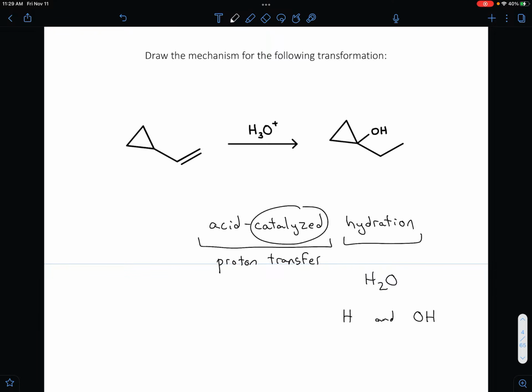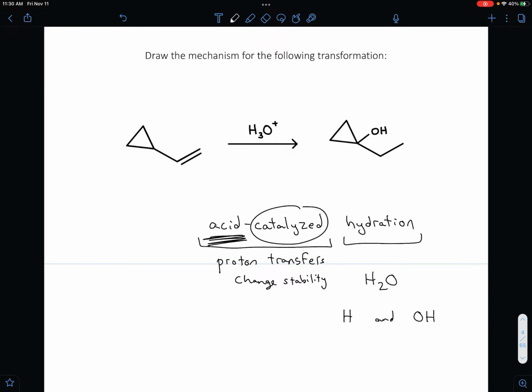So a catalyst is a molecule that makes a reaction happen faster, but doesn't really get used up itself. By the end of the reaction, you have just as much of it as you started with, but it speeds the reaction up. And as you can see, acids and bases are very common things that do that because they do proton transfers, which change the stability of things.